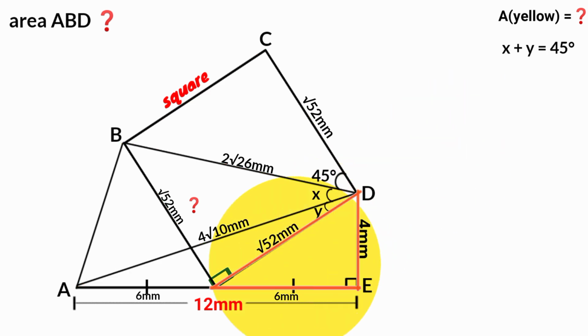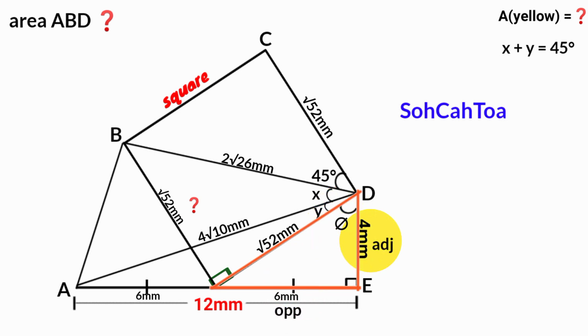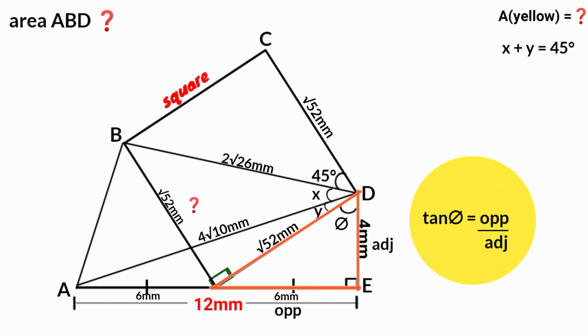From this triangle, we can use the SOHCAHTOA tool to find the size of this angle here. Taking it as angle theta, this is opposite and this is adjacent. Then tan theta equal to opposite over adjacent. Opposite is 6 millimeters and adjacent is 4 millimeters.